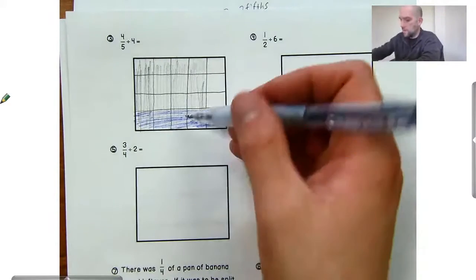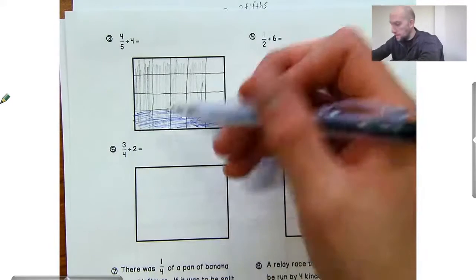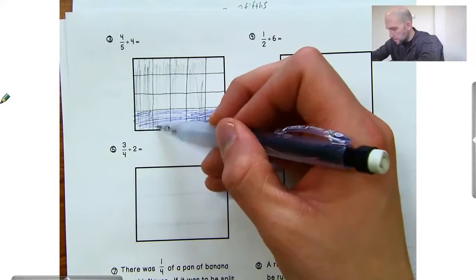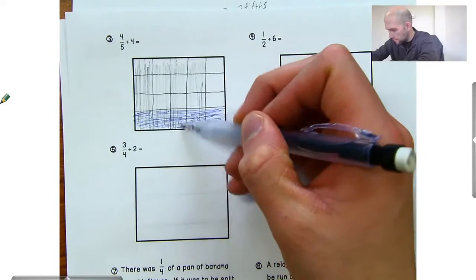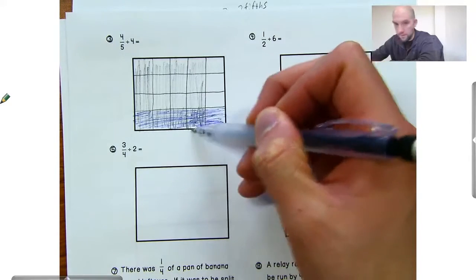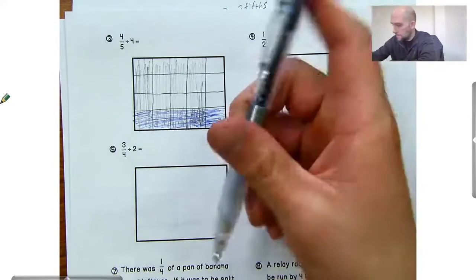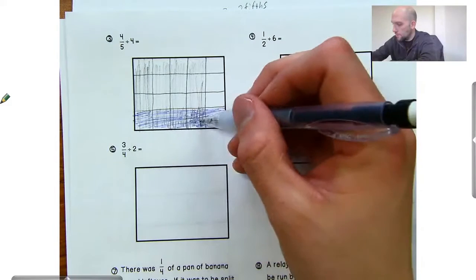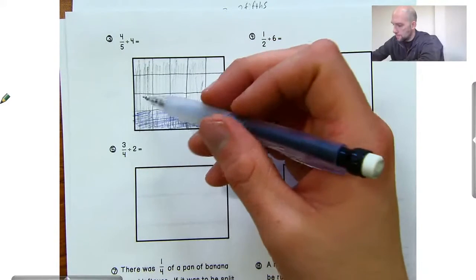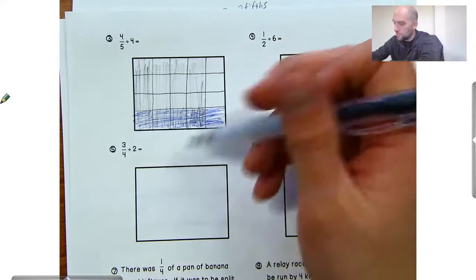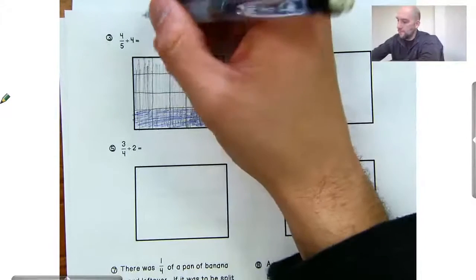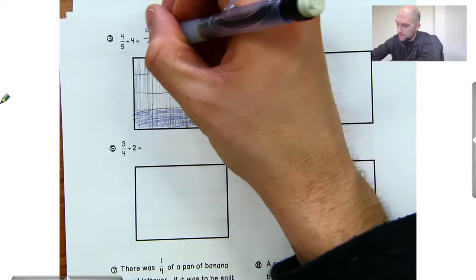All right, and then what do we have where they meet? We have 4 of those where they meet. 4 out of 5 times 4 is 20. So we have 4 20ths.